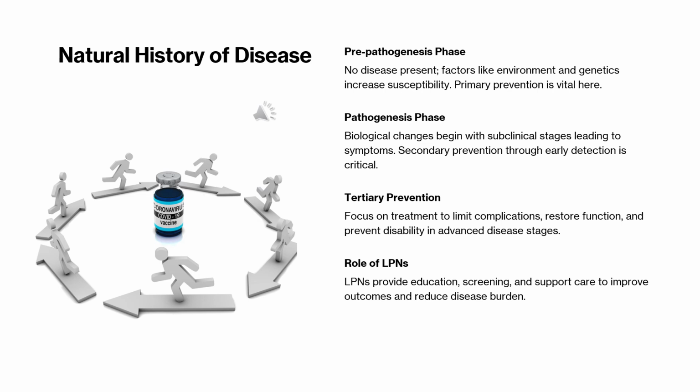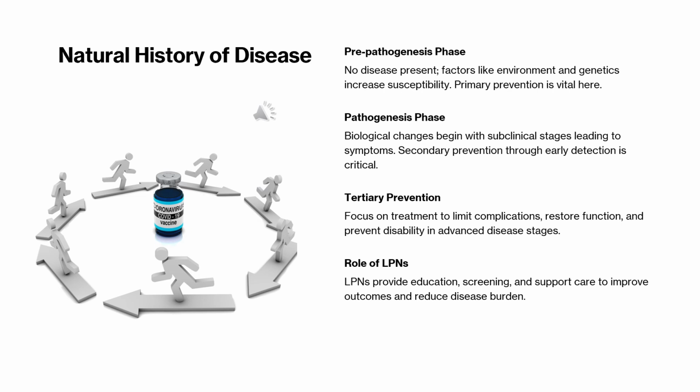The model is divided into two major periods: the pre-pathogenesis period, which is before the disease begins, and the pathogenesis period, which is after a disease begins. The pre-pathogenesis period is the stage that occurs before a person becomes ill. The disease has not yet developed, but the conditions for it may already exist.